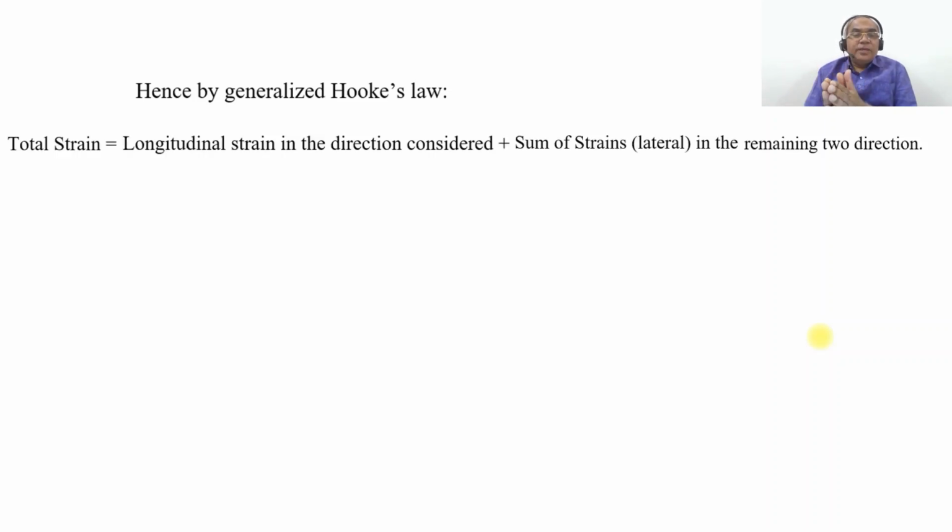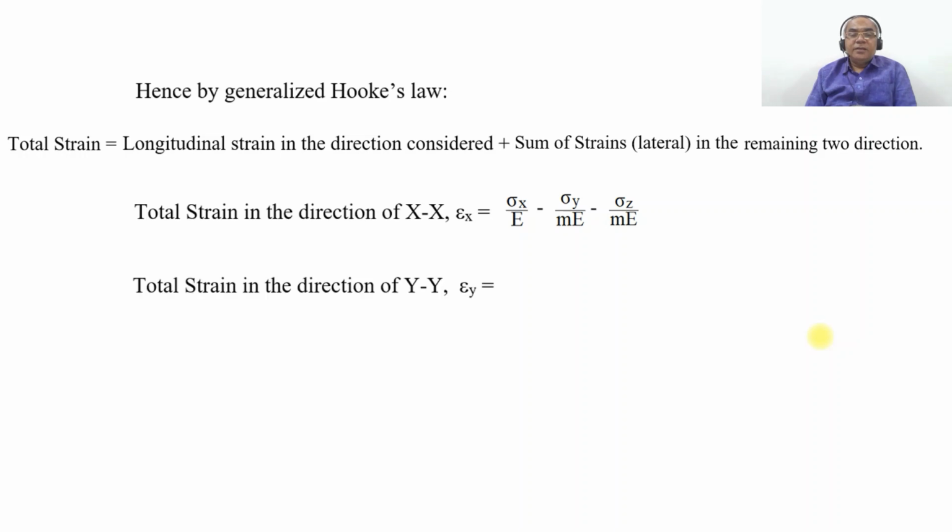Total strain will be the longitudinal strain in the direction considered plus the sum of the lateral strains in the remaining two directions. So naturally it becomes compressive there. So total strain in the direction of xx, which is epsilon x, will be equal to sigma x by E minus sigma y by m into E minus sigma z by m into E.